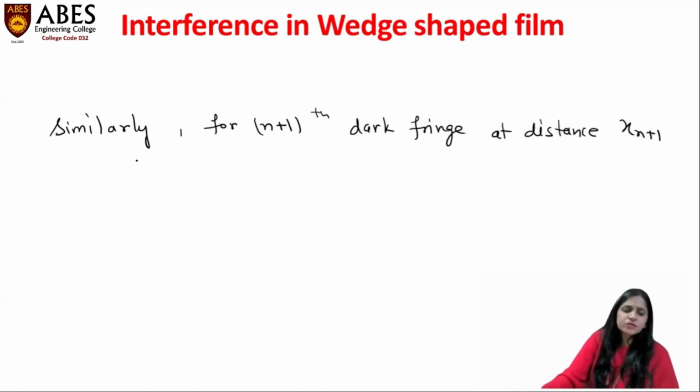From the diagram, tan theta is equal to T2 upon xn plus 1.